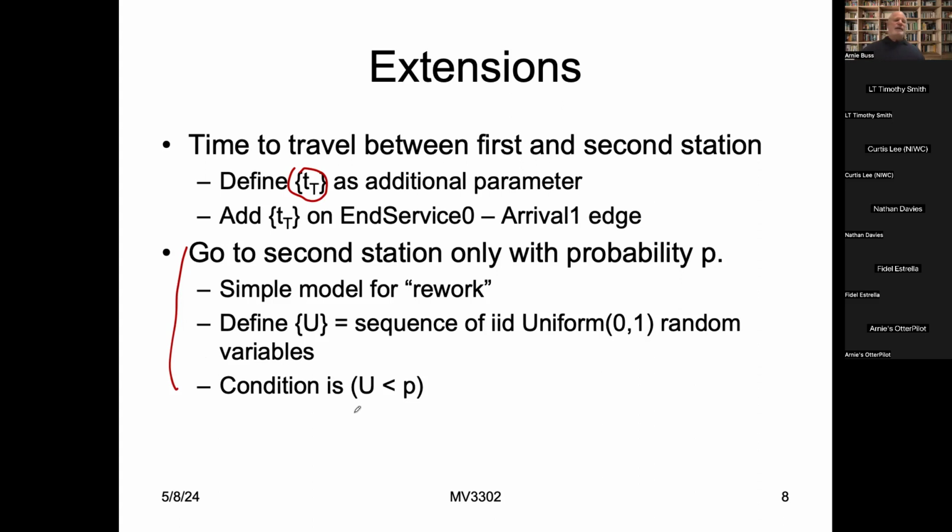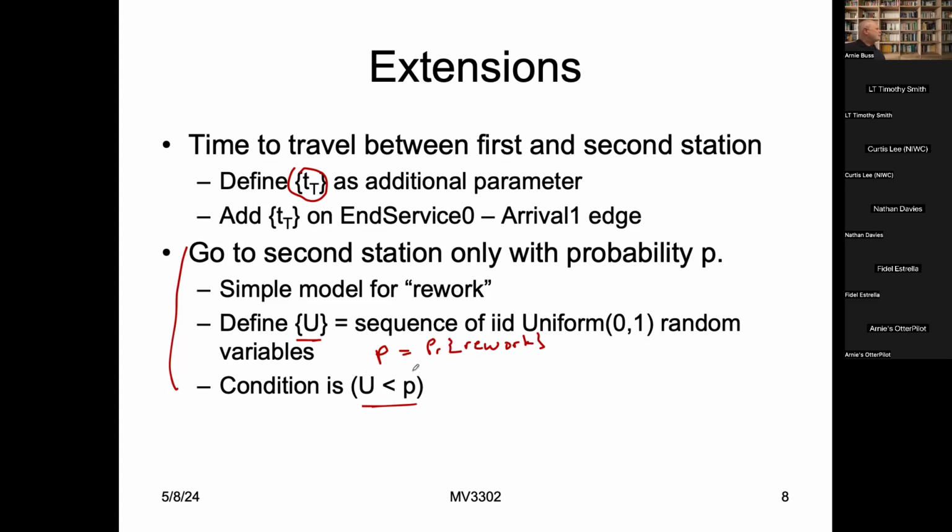There are a number of ways, but the most straightforward is to define a sequence of uniform random variables. If P is the probability of, in this case, rework, then the condition that you put on is simply U is less than P. Why?